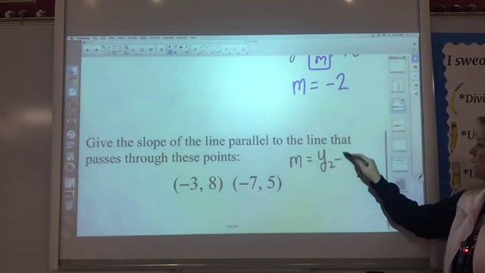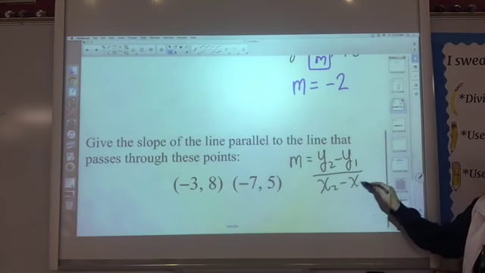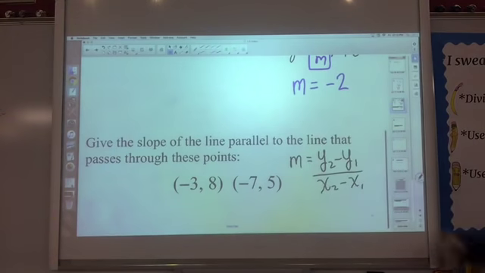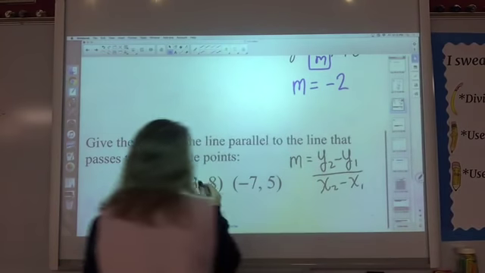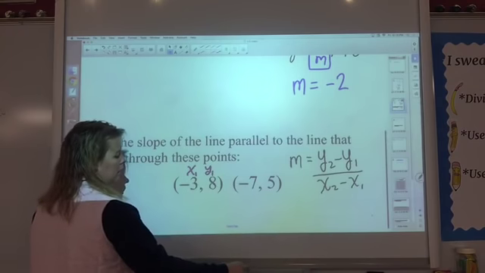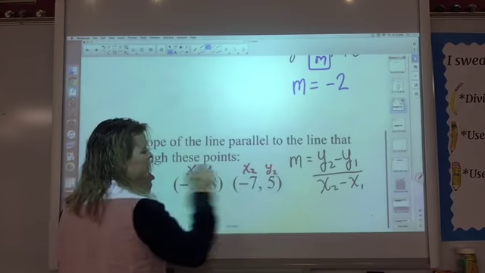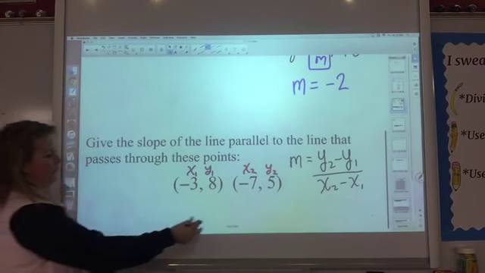I will remind you the formula. You could write it down again, or you could go back and look in your notes, because we've used it plenty of times. Y's over x's. Just a friendly reminder of x1 and y1 here, x2 and y2 over there at that point.